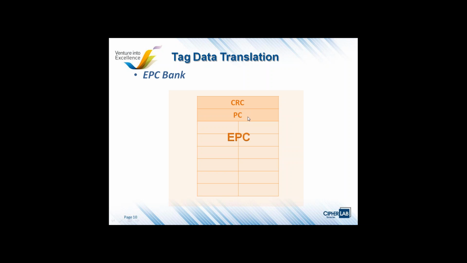And the PC specifies the EPC's range in 16-bit words. And the last one is CRC. CRC is cyclic redundancy check, and it is a method of checking data stored on the RFID tag to be sure that it hasn't been corrupted or lost.